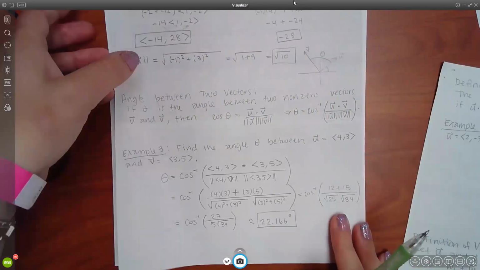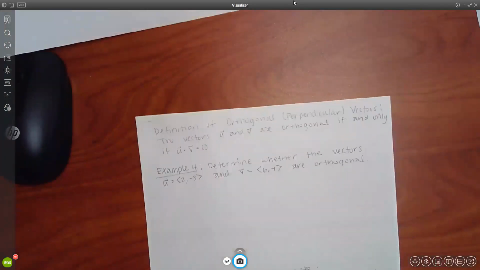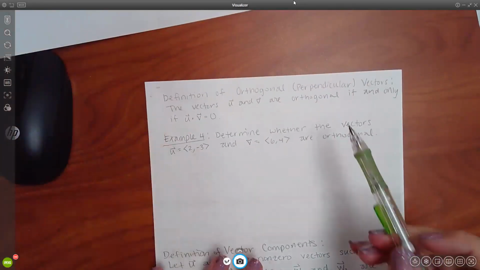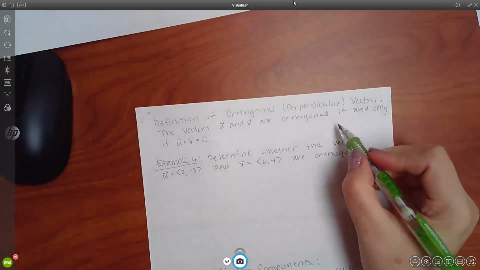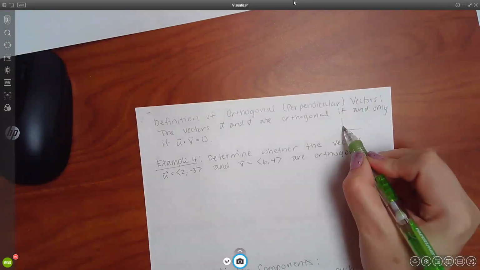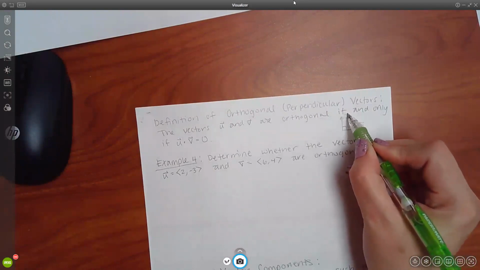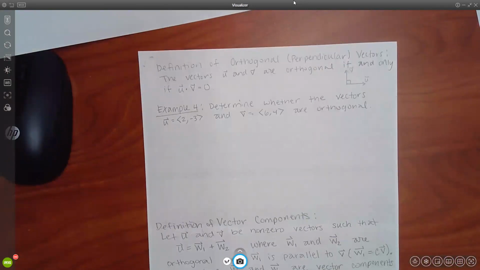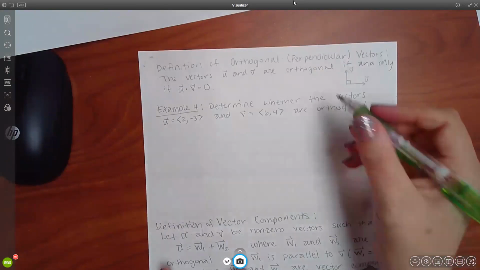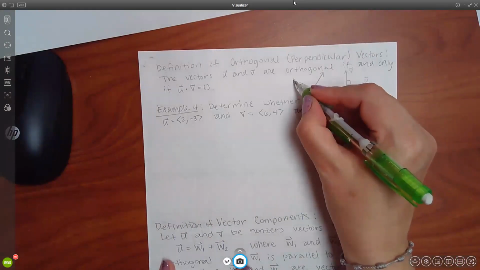Okay. The next cool thing that a dot product tells me is whether or not 2 vectors are actually perpendicular to each other. What does perpendicular mean? Perpendicular means there's a 90-degree angle between U and V. It just so happens that if there is a 90-degree angle between U and V, and it doesn't matter how U and V are positioned.